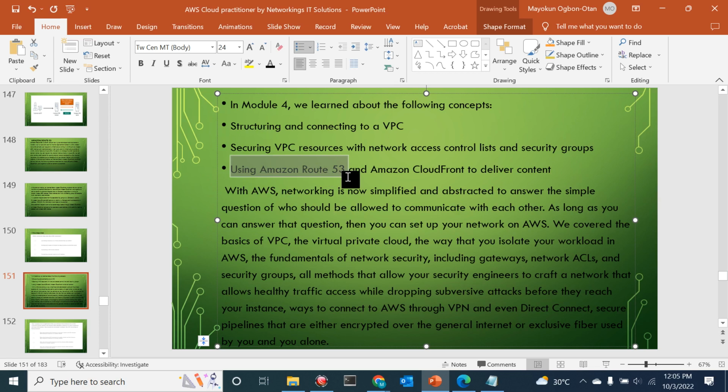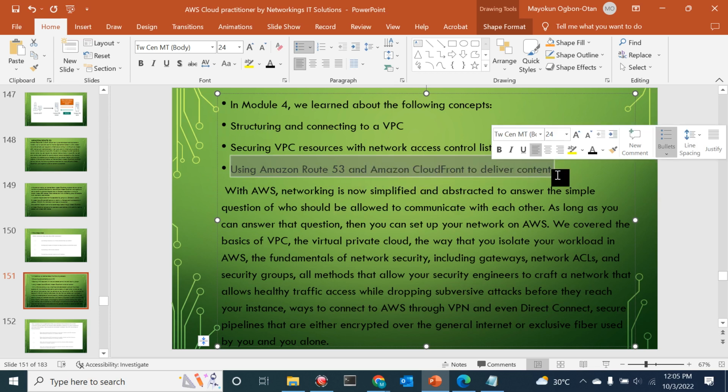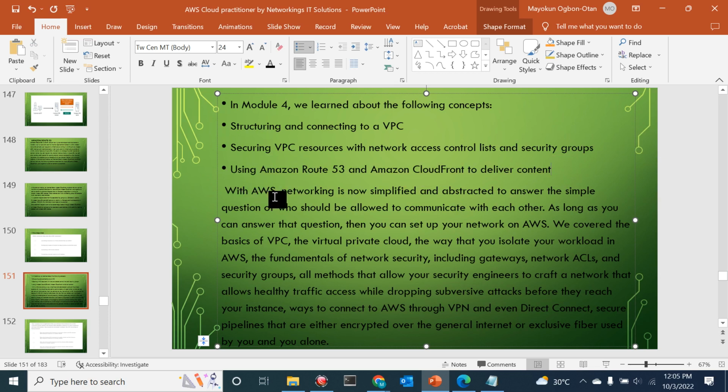Using Amazon Route 53 and Amazon CloudFront to deliver content. With AWS, networking is now simplified and abstracted to answer the simple question of who should be allowed to communicate with each other. As long as you can answer that question, then you can set up your network on AWS.